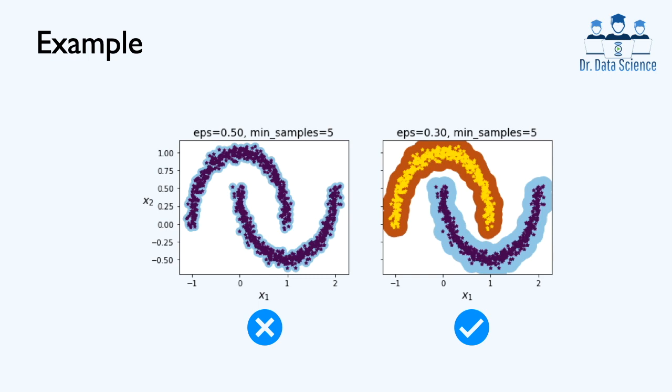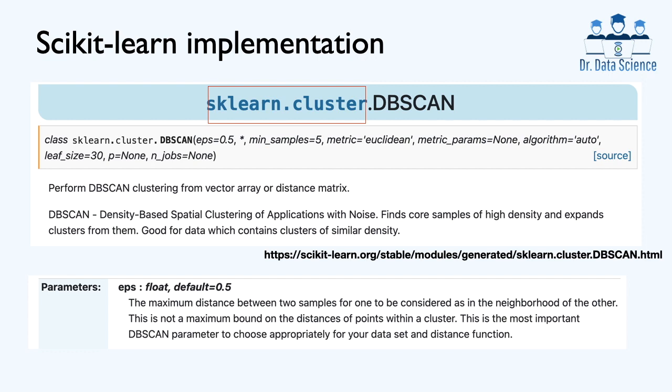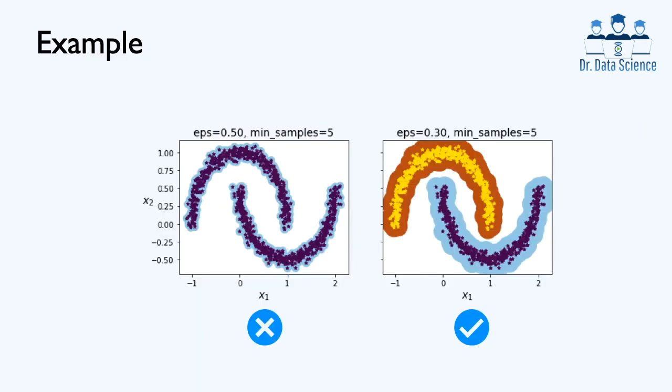Here we have one example to show you the influence of this epsilon parameter. On the left, we set epsilon equal to 0.5, which is sort of the default value. On the right, we set it equal to 0.3 with the same minimum number of samples, which is 5. We can see that on the left, we only find one cluster, which is not acceptable because we have chosen epsilon to be too large.